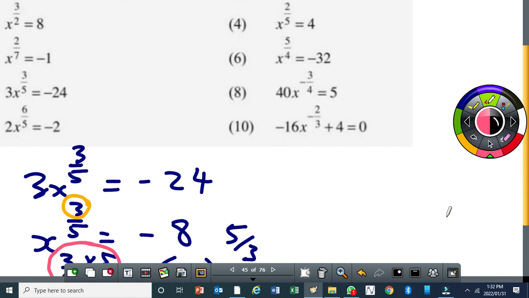Please do number 10. Just write class exercise in your math workbook and do number 10. I'll give you about 2 minutes to do that.